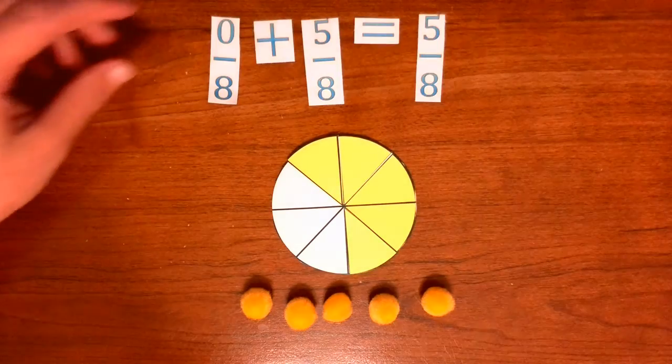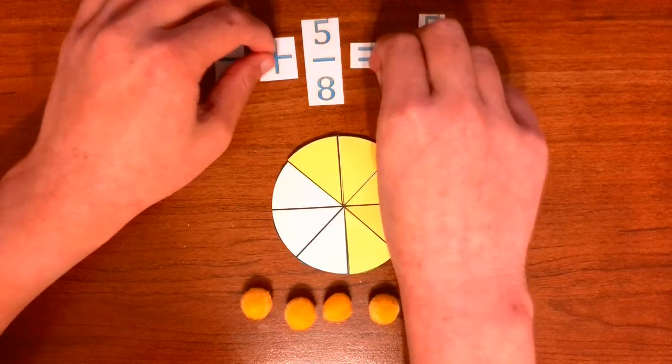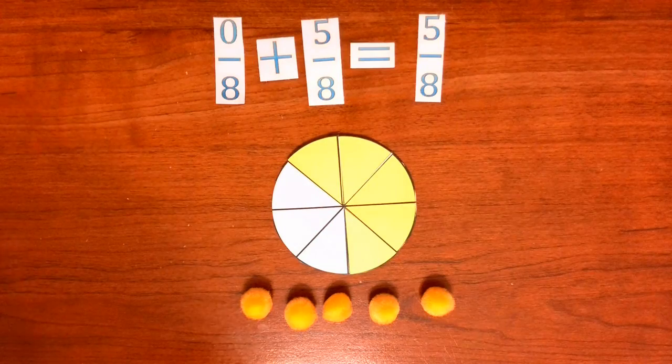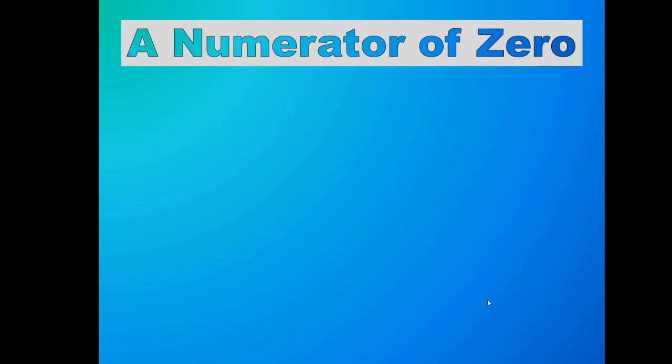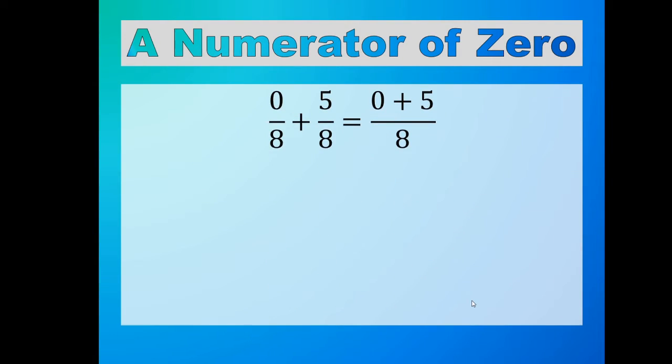Therefore, to add 2 fractions, even if you have a numerator of 0, you add the numerators but keep the denominators the same. I would now like to show how we can know that the rule for adding fractions does not change even if one of the numerators is 0.